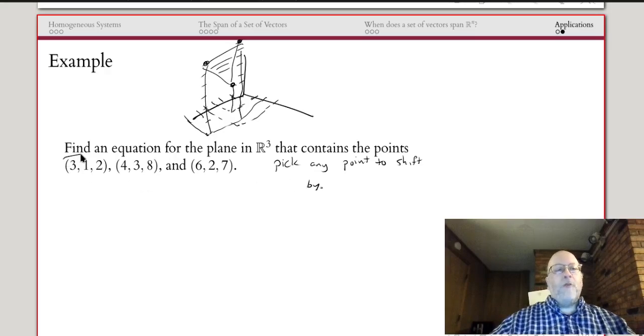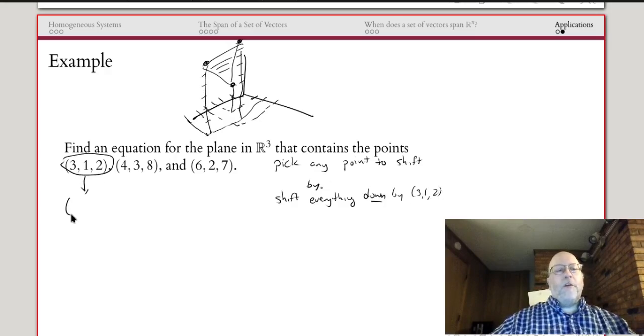So I'm going to pick 3, 1, 2, and we're going to shift everything down by 3, 1, 2. So this converts to the origin. I'm going to subtract 3, 1, 2, and that gives me the origin.